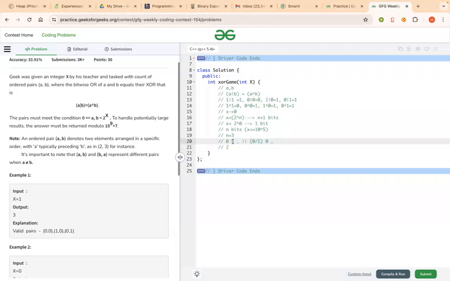If we place a 1 here, then what can it be?